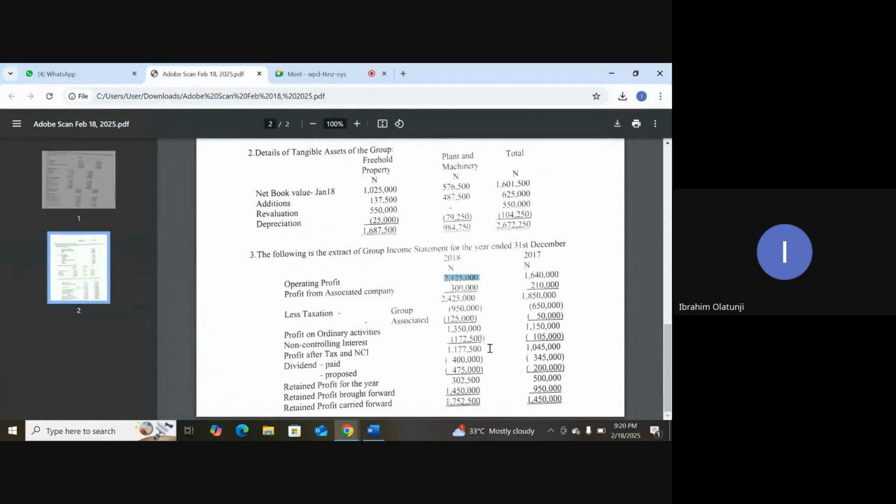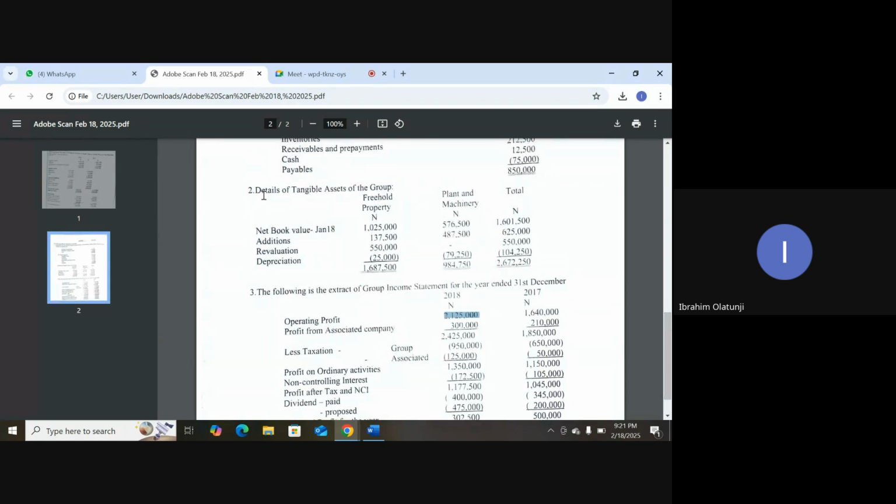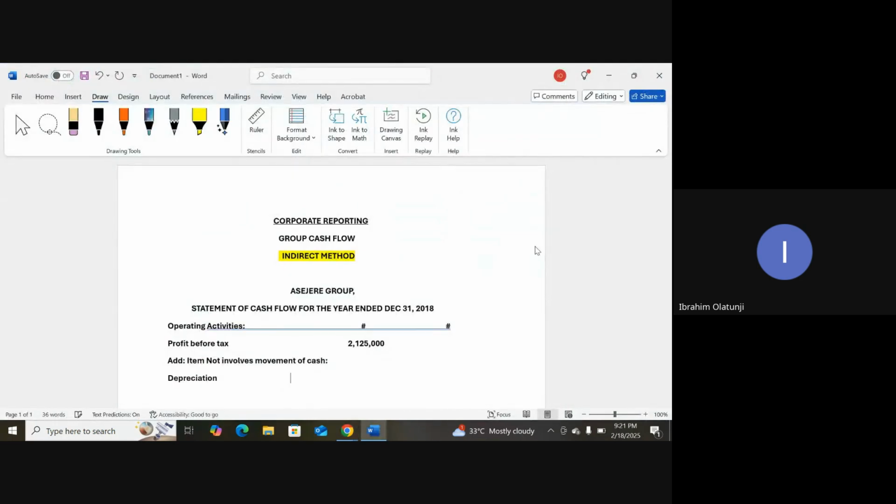Such as depreciation. You now go to your question and look for depreciation. Look at Note 2 here. We have depreciation for freehold plant and machinery, but the total depreciation we have is 104,250.